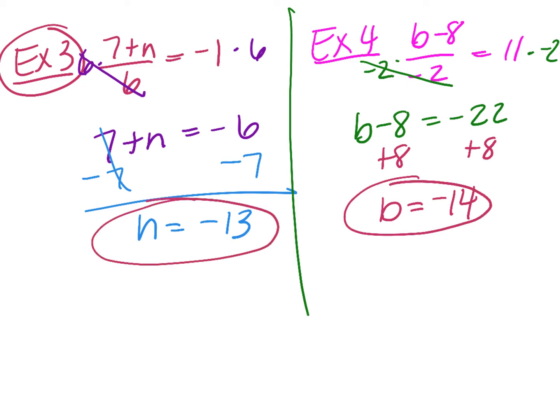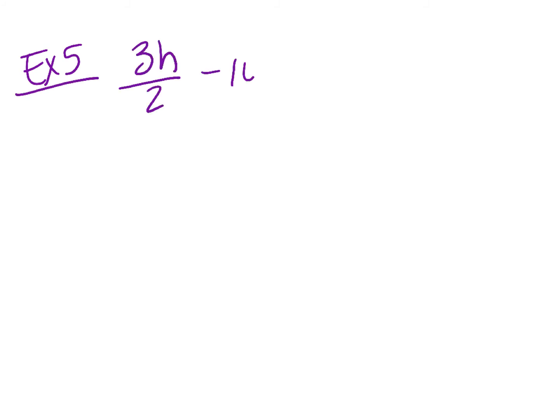Hopefully you're seeing how these work, and these next two that'll be a little bit more complex won't be too tough for you. All right, example 5 is 3h over 2 minus 10 equals 4h. So the first thing we need to do is get the fraction by itself. So we want to do that by adding 10.